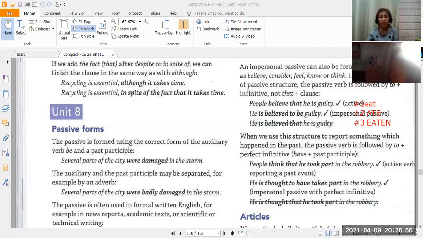Here, this beautiful bridge was built in 1732. In this case, this is passive. The one who built it is not important. What is the important information is the beautiful bridge, not the one who built it. But when I say the famous architect John Taylor Thomas built the beautiful bridge, it becomes active because we know who built the bridge.